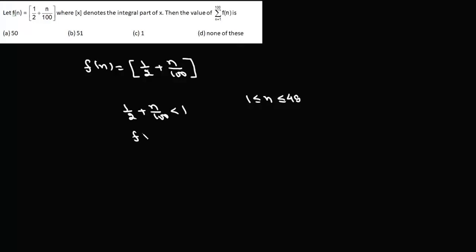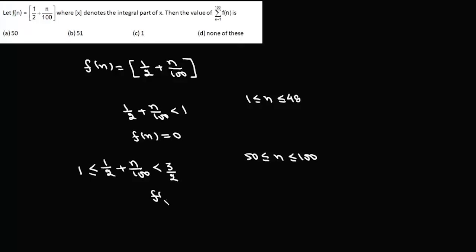In that case, value of fn will be 0, and if n lies between 50 and 100, then 1 by 2 plus n by 100, it will be greater than or equal to 1, but less than 3 by 2.